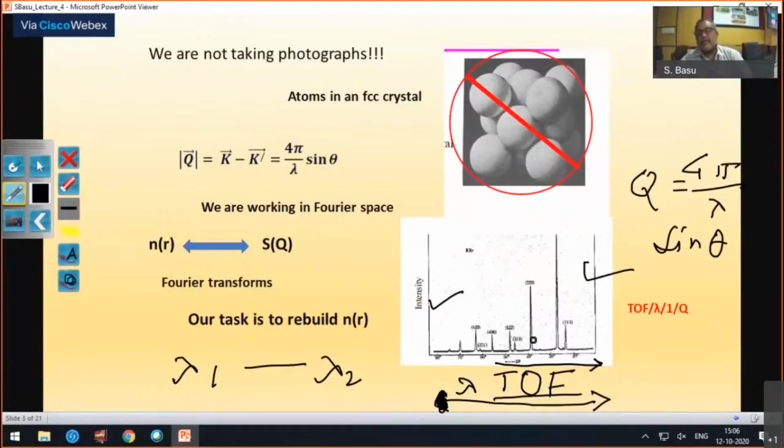This is just the reverse of what you will see in ordinary X-ray diffraction data or a reactor-based neutron source. So this is the difference between time of flight data and data from a reactor. This data is in Q space, and we need to go back to real space to get a structure in real space.